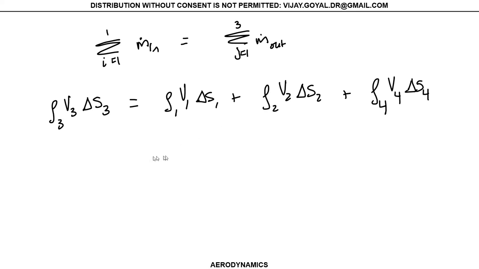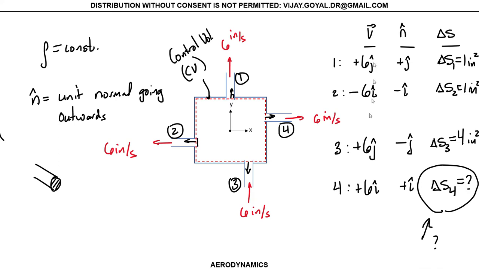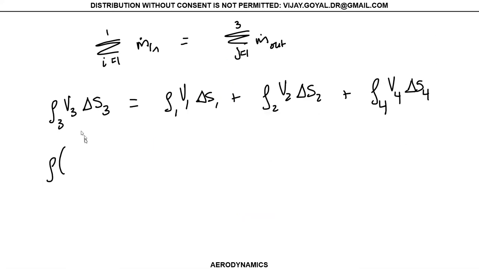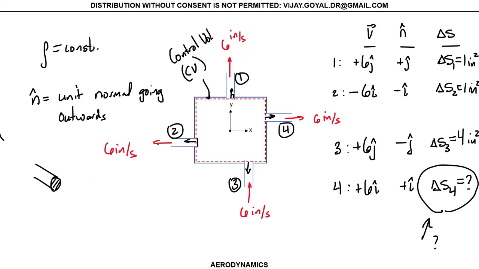Now replace all the values. All the densities are the same. So you go here, V3 is 6. You only take the value, it's just the magnitude. And then delta S3 was equal to 4.